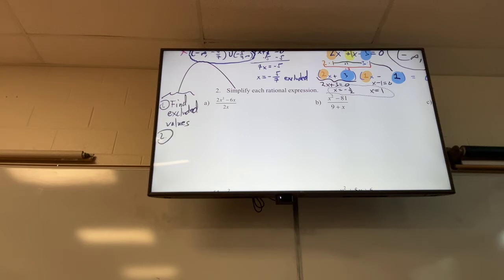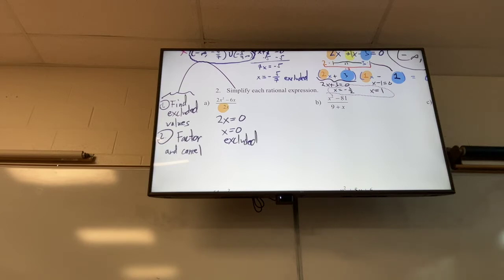Second step is you factor and cancel. So let's do that first step then for part A. Let's find the excluded values for this. So I'm just going to take the denominator, write it equal to 0, and solve for x. That gives me x equals 0. That's excluded.